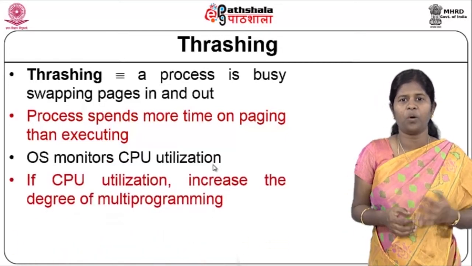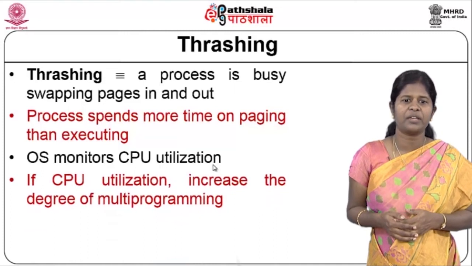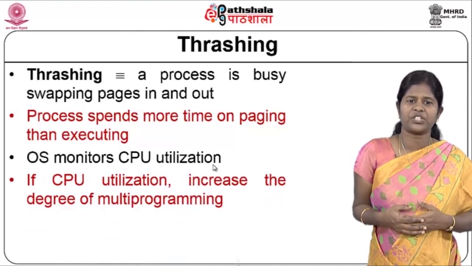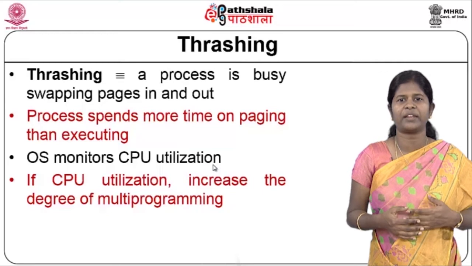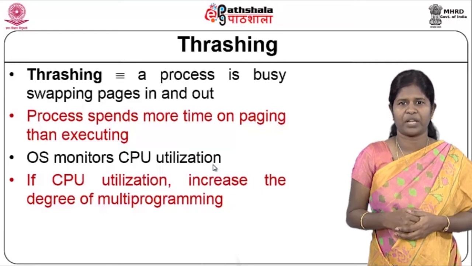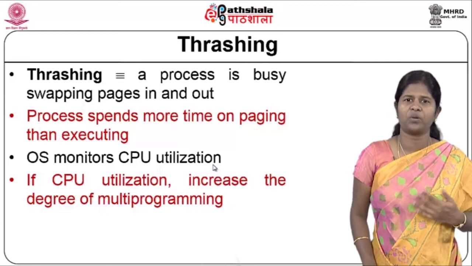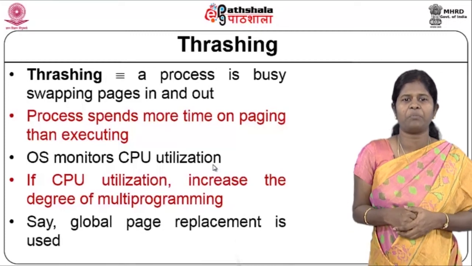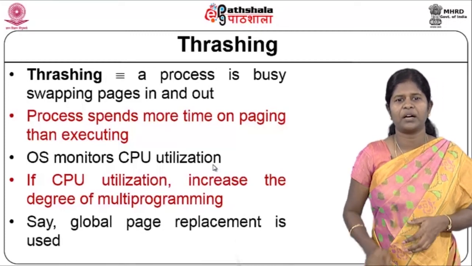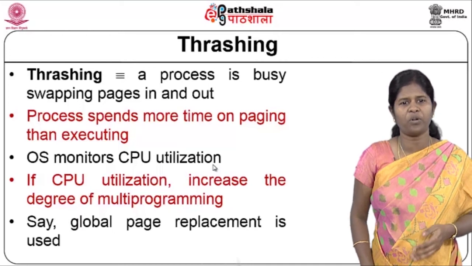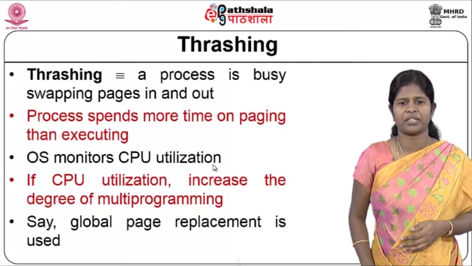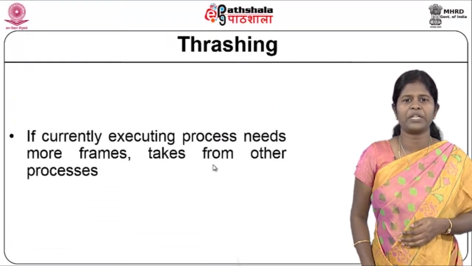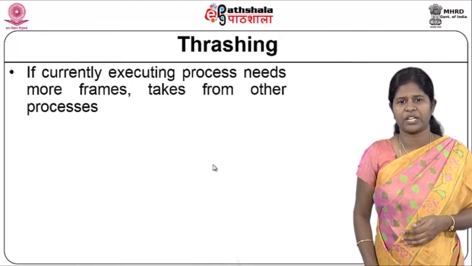Again the OS will monitor the CPU utilization, and if it is again less, it will increase the degree of multiprogramming. So, this goes on, and finally at some point the processes spend more and more time on paging rather than executing, and hence it leads to something called thrashing.